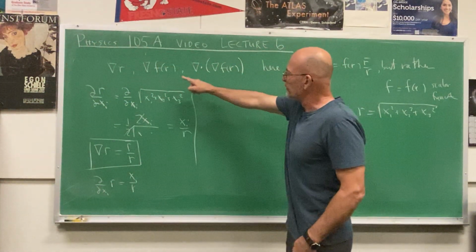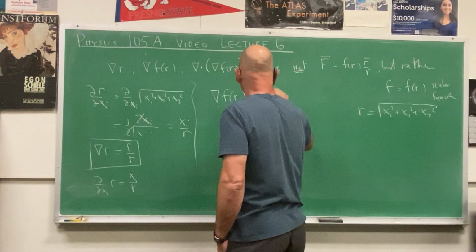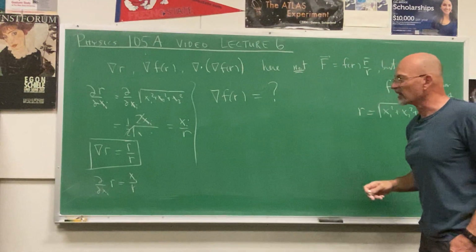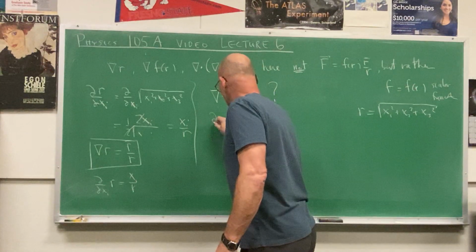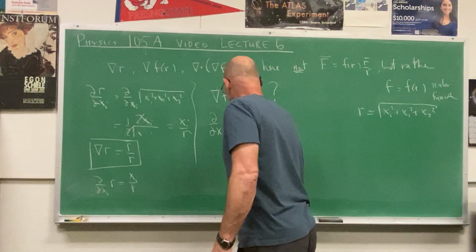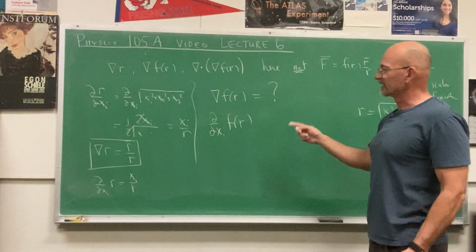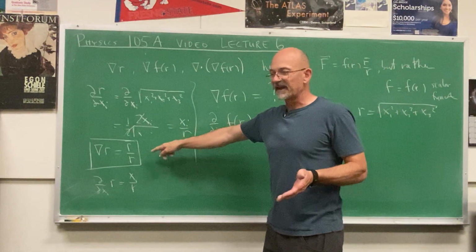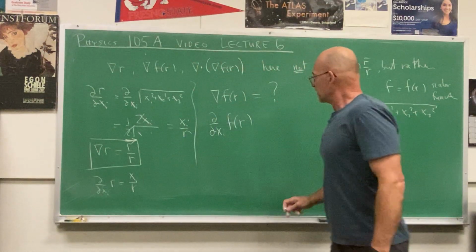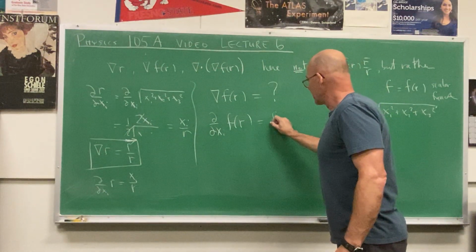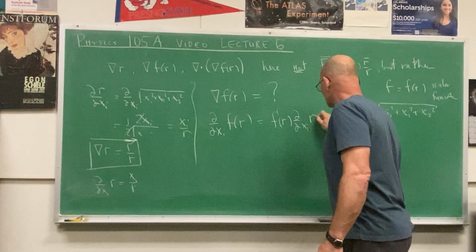Now, for the gradient of f of r, this is the one we want to start on now. Be careful. Again, I'm looking at the derivative with respect to x sub i of f of r. Once I get this, I'll just bundle all three of them like I did down here. This is a vector right here. That's just going to be the chain rule: f prime of r times the derivative of r with respect to x sub i.